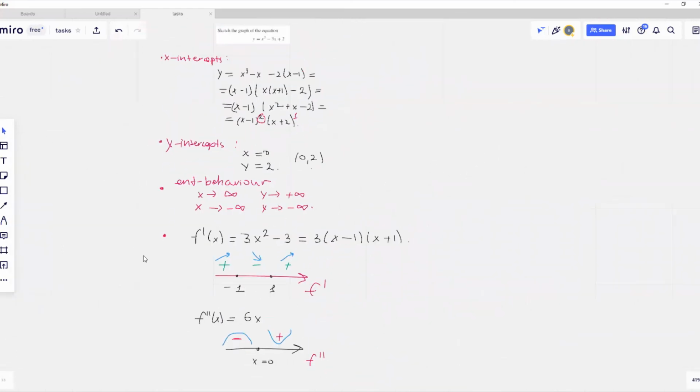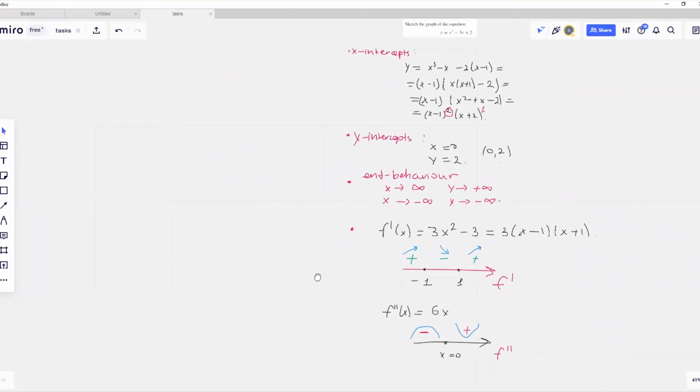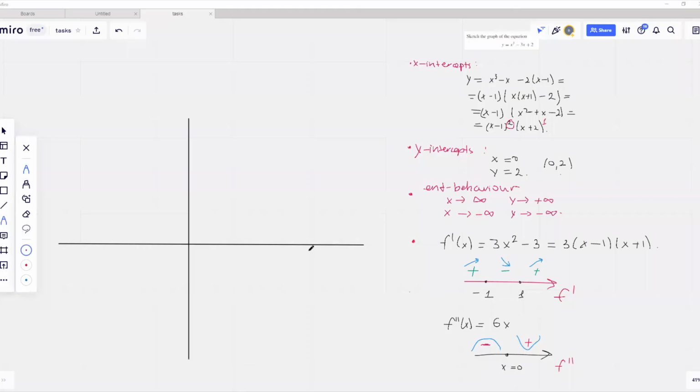All right, now we are ready to make a sketch of our function. Okay, so let me add the axes. This is our y-axis. This is our x-axis. Now let's indicate our x-intercepts at -2 and at x is equal to 1. We have the y-intercept at point y is equal to 2.